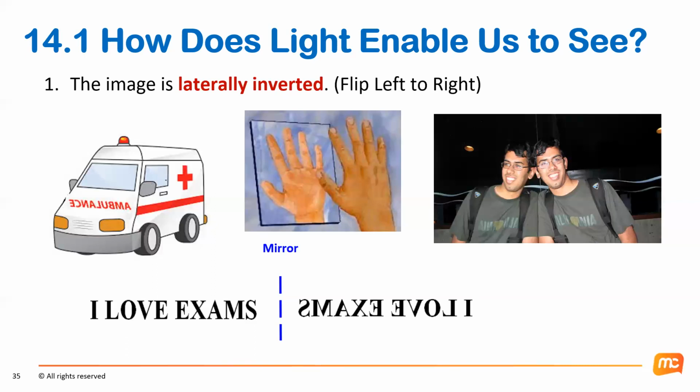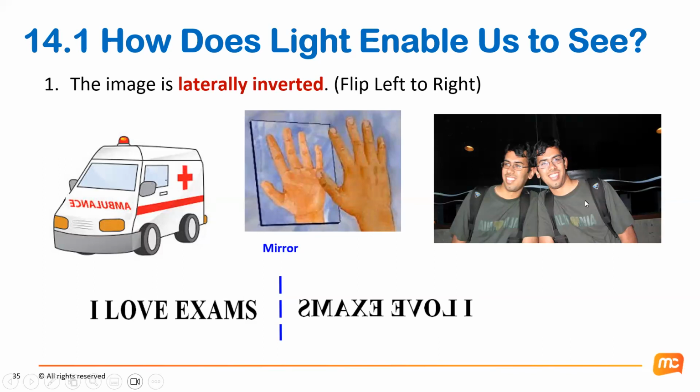Okay, let's go in depth into what these 5 characteristics mean. The first one, laterally inverted. Inverted means flip, and the word laterally in front of it simply means it is flipped left to right. So for example, when do I see lateral inversion?